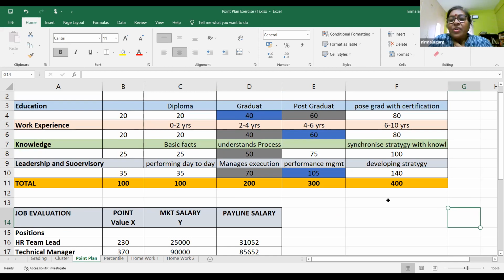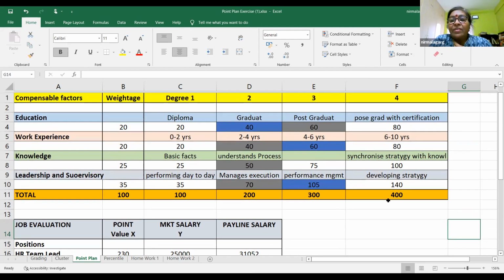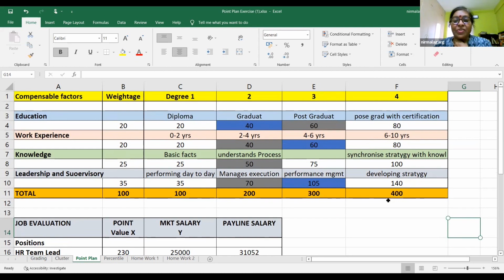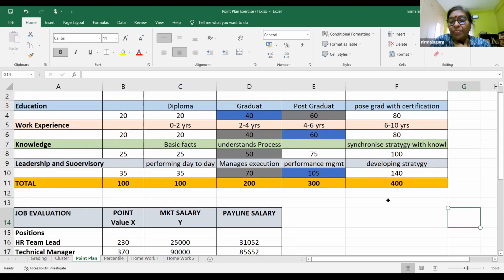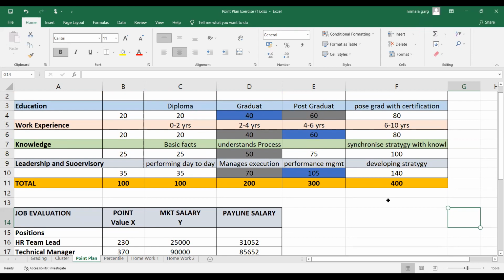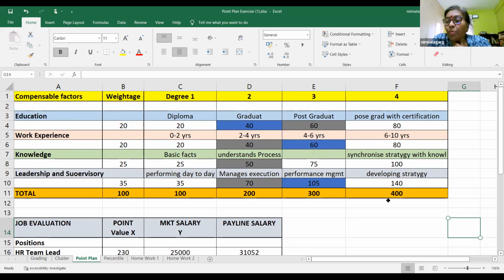Then knowledge, he will need a degree 3, not just understanding processes, but also doing some kind of innovation, etc. So 75 points. Then leadership and supervision, managing everything, performance management, etc. So let us add up: 300. So do you know how to now calculate points, guys?